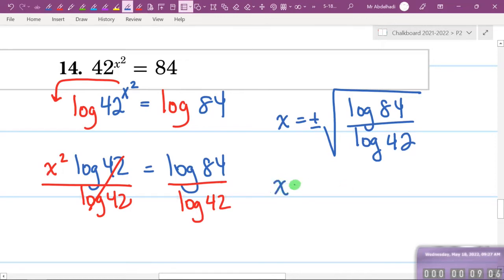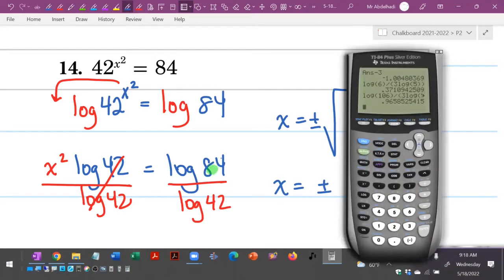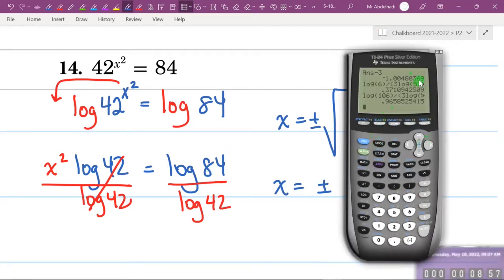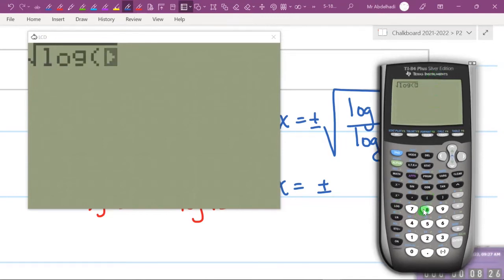But anyway, let's get the calculator and see what that number is going to be. What is the square root of log 84 over log 42? Big screen so you can see what I'm doing. First thing I'm going to do is open the square root part of the calculator. And then inside the square root is going to be log 84, close parentheses, divided by log of 42.